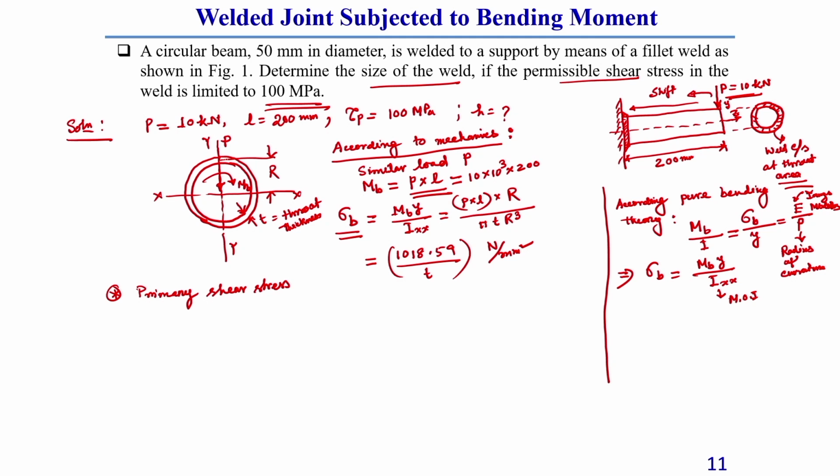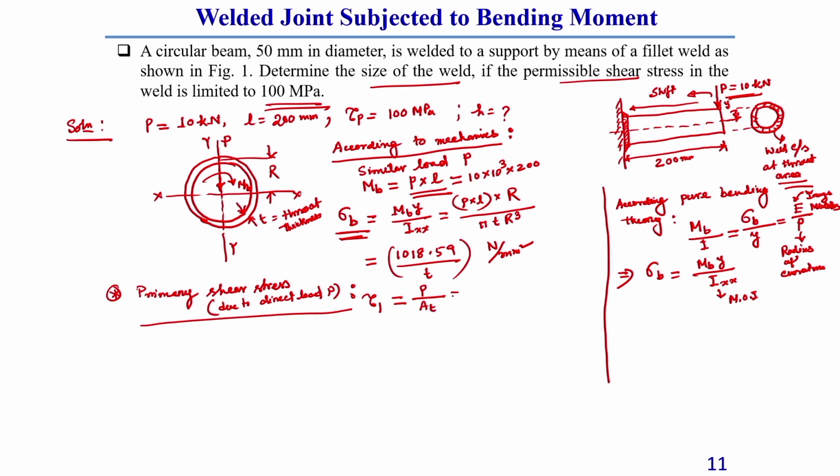In this flat weld, generally this bending stress will act perpendicular to the throat section and primary shear stress will be along the throat section, which is due to direct load P, this you should keep in mind. So, primary shear stress tau 1 you can write as P divided by throat sectional area AT.